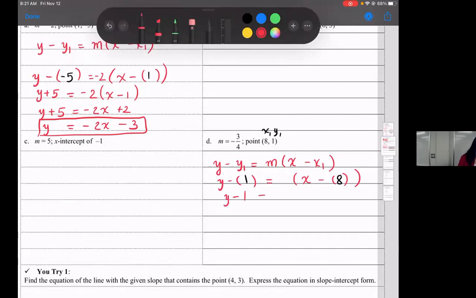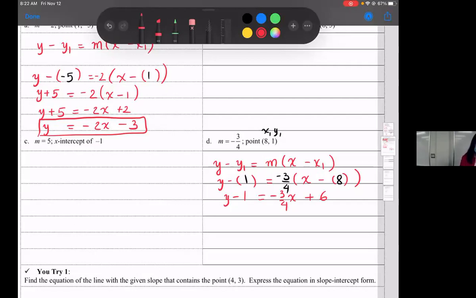Y minus 1 equal, I forgot the slope again, negative 3 over 4. And then distribute the negative 3 over 4 into the parenthesis. So I have negative 3 over 4x plus 8 divided by 4 is 2. 2 times 3 is 6. You can do one more step if you're not comfortable with what I did.